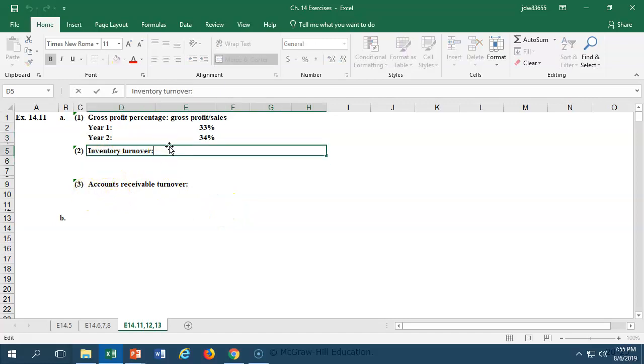Okay. The next ratio it wants is inventory turnover. Cost of goods sold divided by average inventory.